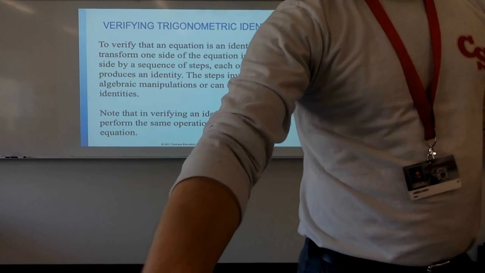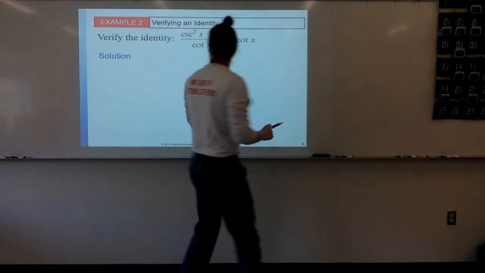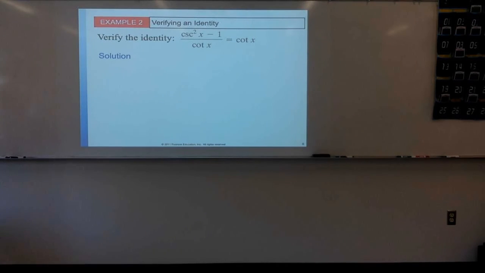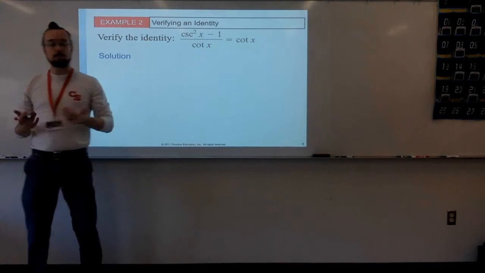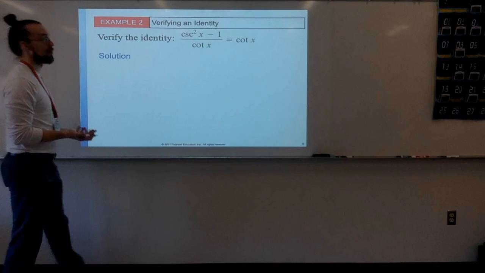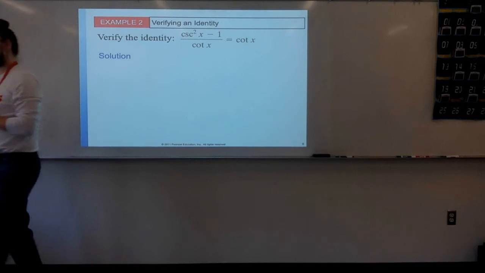So let's try some. Okay. So we've got cosecant squared minus 1 over cotangent equals cotangent. Okay? What I want to do is take the more complicated side, so in this case that's the left side of the equation, and try to simplify it to make it look like the right side. Okay?